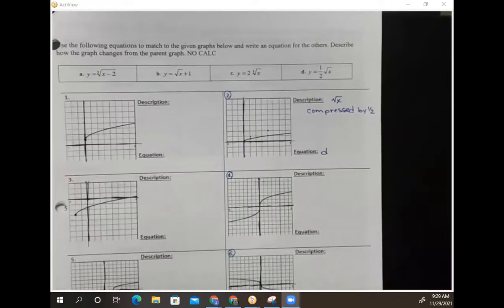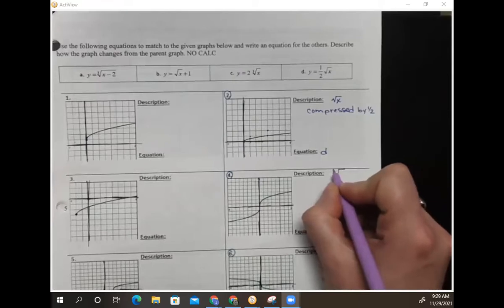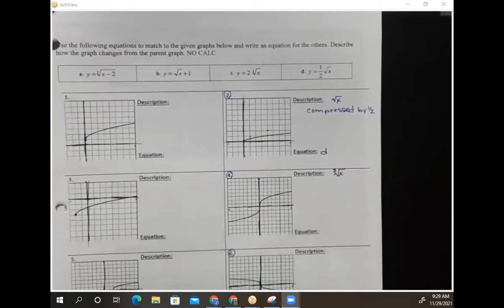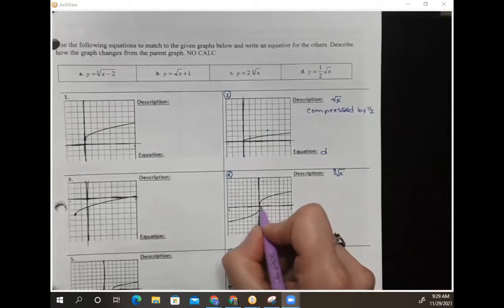How about number 4, square root or cube root? This is a cube root, goes in both directions. So this is a cube root of x function. I know that that key point, that center of my graph, was at 0, 0 for the parent function, was at the origin. Have I moved the key point on this one? No, it's still at 0, 0. Have I changed the stretch on it at all? Yeah, this is what I've changed.